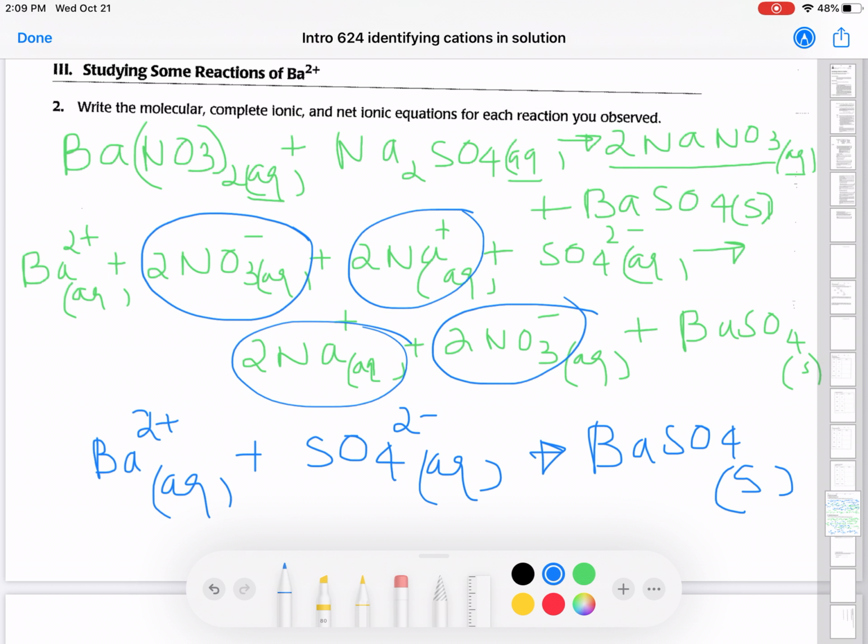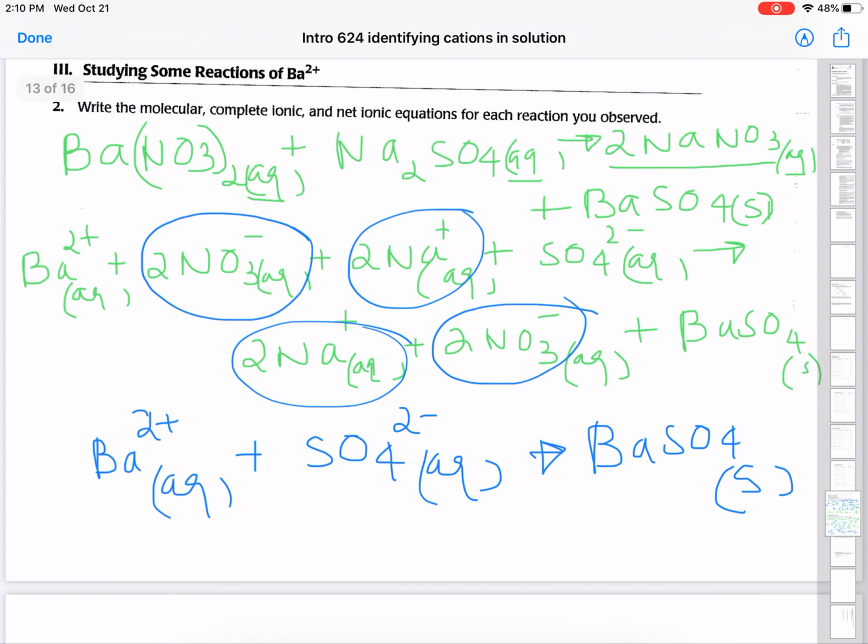Barium nitrate with potassium thiocyanate, no reaction. With HCl, no reaction. And barium nitrate with sodium acetate, also no reaction. So this is all you need to do for this part.